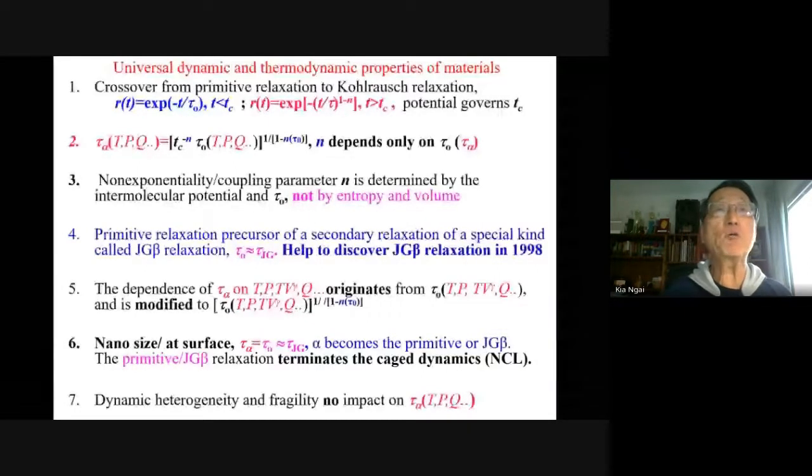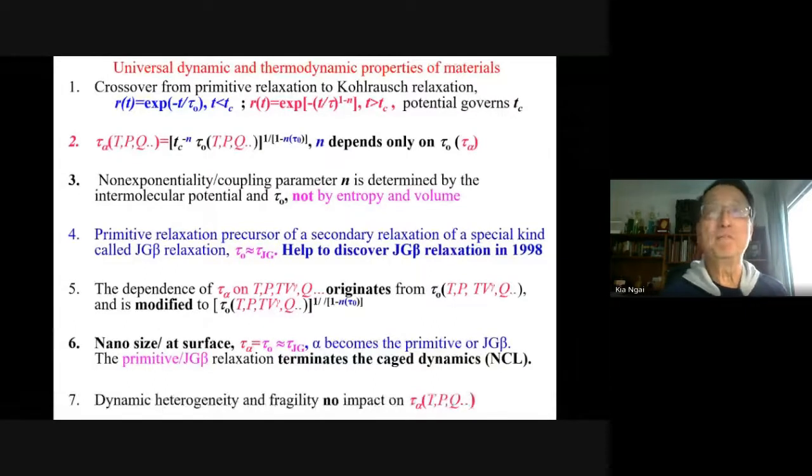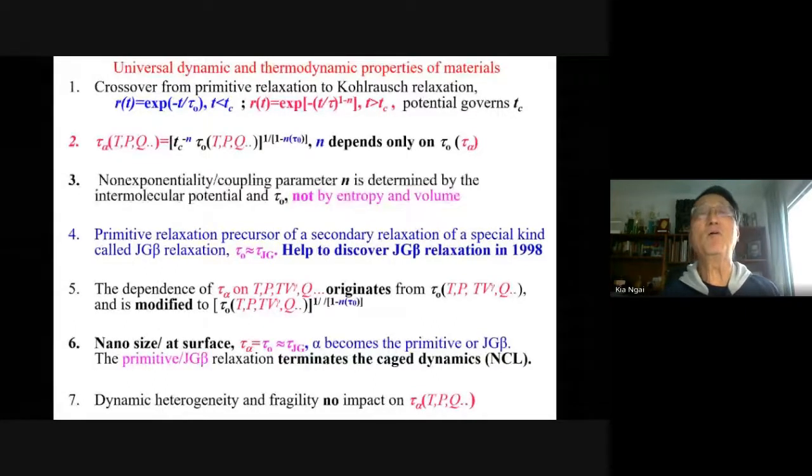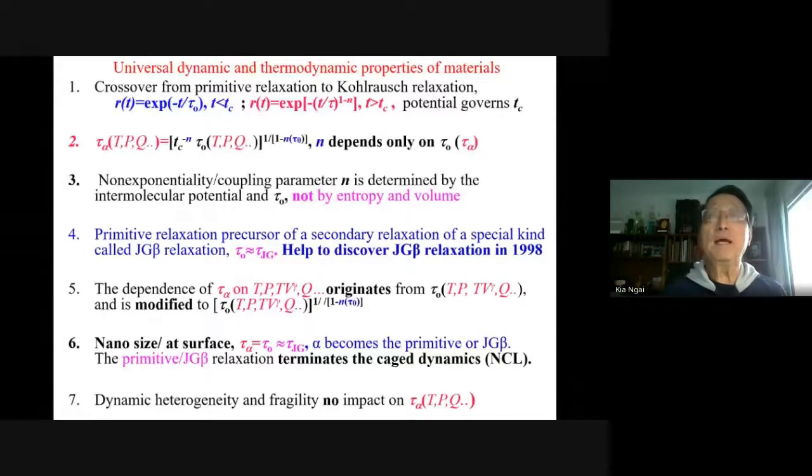Okay, but this equation, as you see later, if you have tau 0, tau alpha is determined, because n only depends on the potential. So for the same material, only n, the so-called coupling parameter or the Kohlrausch exponent 1 minus n, depends only on tau 0. Okay, let's go to this one right away, and then we'll go to the other one later.